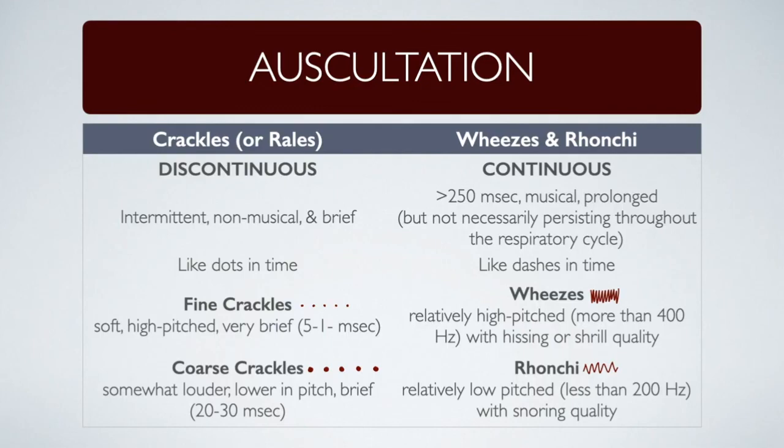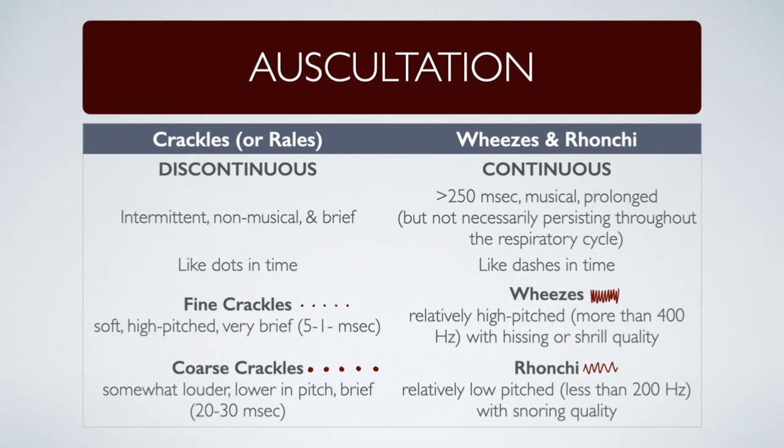A narrowing of the airway, a thickening of the airway as seen in asthma or in COPD, a change in the elasticity or the consistency of the airway will make the walls vibrate at a particular frequency.